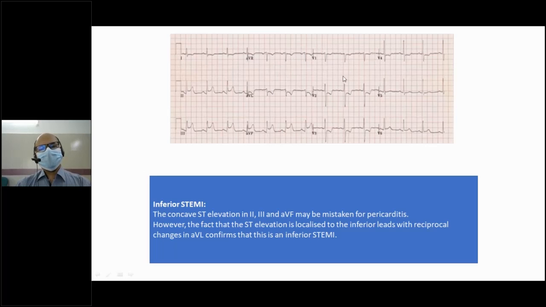But in this ECG, there is ST segment elevation in the inferior territory as well as reciprocal changes in the anterior territory. For that reason, this is not acute pericarditis. This goes in favor of ischemic changes, ST segment elevated MI, as well as reciprocal changes of the anterior leads.